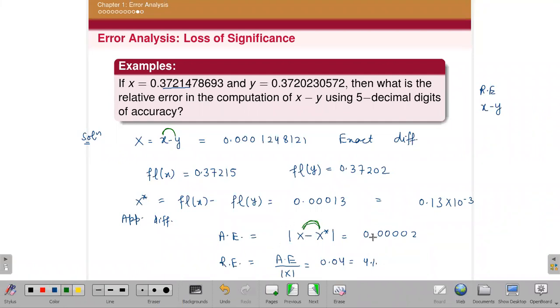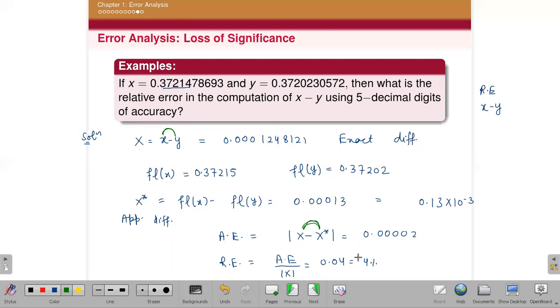So in both calculations you are getting a loss of significant digits, because x contains these significant digits, x star contains 2, and then you are getting only 1 significant digit. And here x contains 5, 6, 7, 8, 9, 10 significant digits, but in the difference you are getting only 2 significant digits.